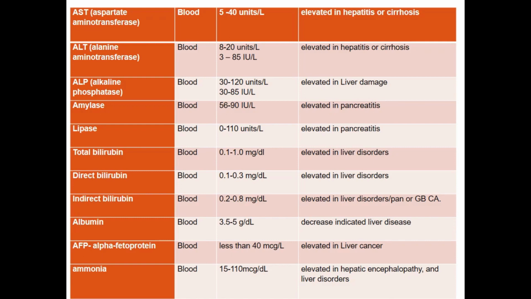The others are lab tests related to GI testing. You will need to know that AST, ALT, and ALP are liver function tests. The amylase and lipase belong to the pancreas. Bilirubin levels: you do need to know that bilirubin should be less than 2.